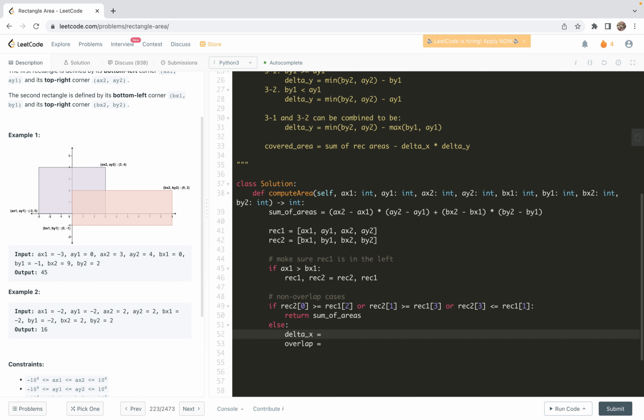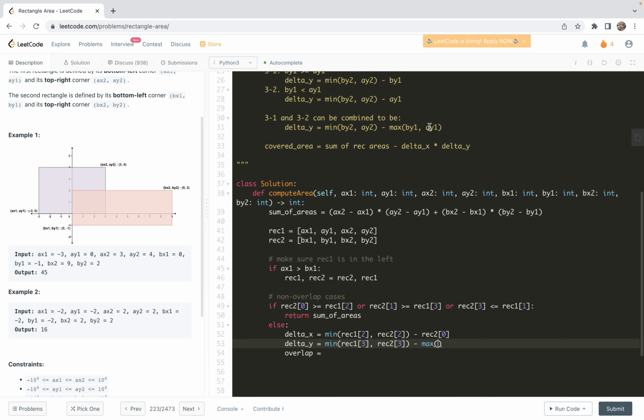So else, the overlap will be computed using delta x times delta y, right? Let me introduce delta x just for fixing the idea. Delta x equals the min of the x coordinates, rec1 index 2 and rec2 index 2, minus the max of the smaller x coordinates. That is for delta x. Now let me write down delta y.